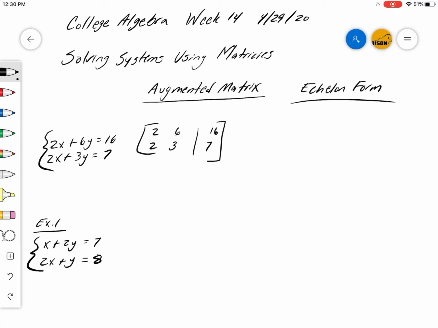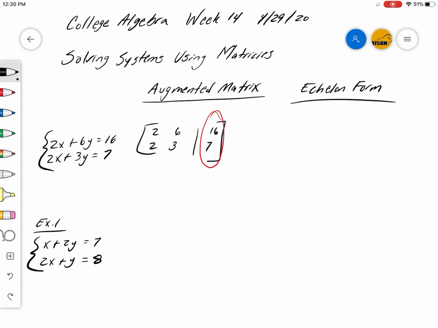As you'll see me do a few of these, I probably won't continue writing that line all the way through, because you're able to distinguish the left side from the right side, and it's very simple. There are regular matrices, which don't have an answer column. This answer column is what makes it an augmented matrix.